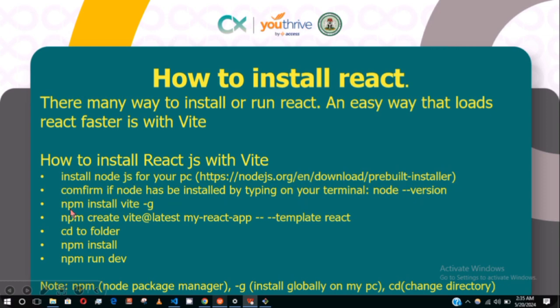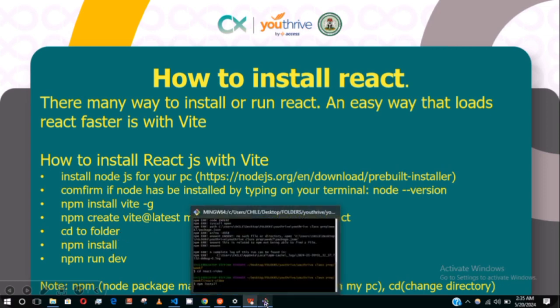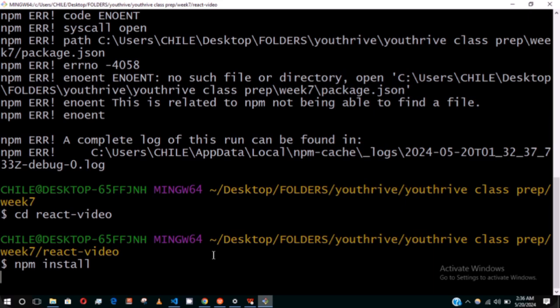Then you have to install Vite globally with npm, so that you can run this next command: npm create vite@latest my-react-app. This is going to create a default app for you. Then the next step is to move inside the folder that you typed here: cd to the folder, then npm install. That is where we are, and it's going to come up in a moment.